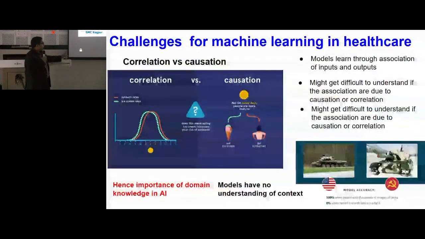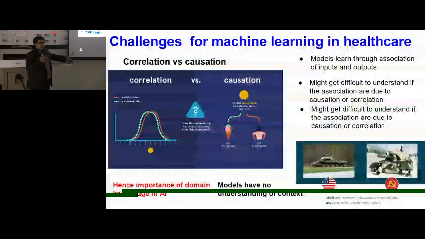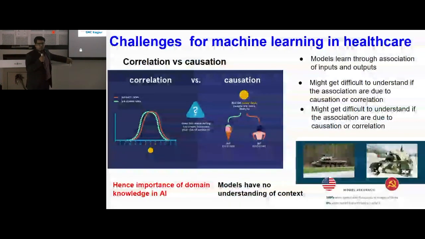A classic example is the US Army training a model on images of Russian tanks and American tanks. They tested it and it was performing excellently, categorizing American tanks as American and Russian tanks as Russian. But when they tested it in real-life scenarios, like taking it out in the open, it was not able to perform.